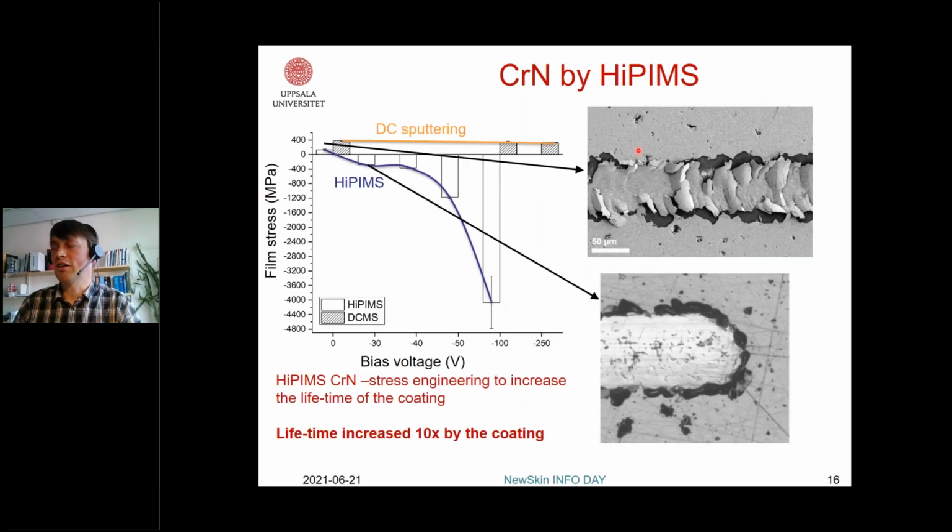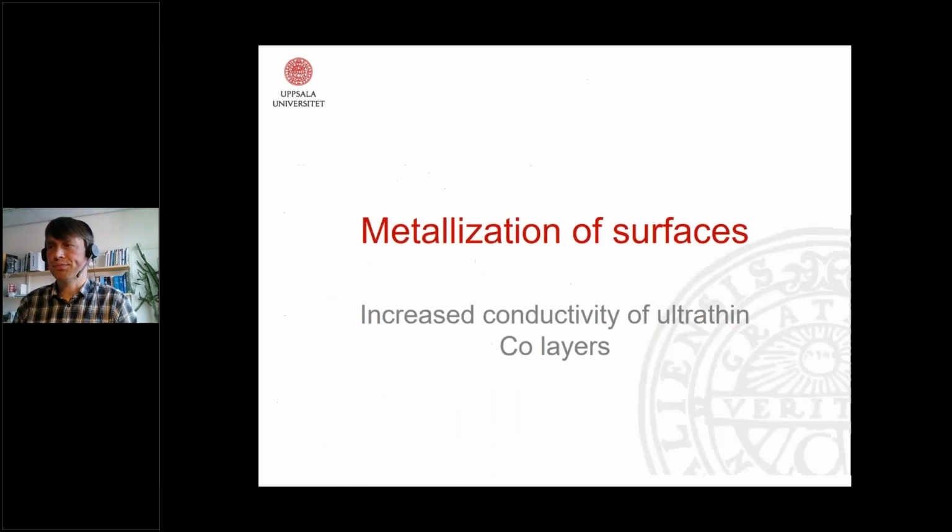Here you can see an example of fairly badly performing chromium nitride due to intrinsic stresses, and then we could improve this coating by using HiPIMS or ion assistance implemented in HiPIMS. I cannot really talk about the specific application, but the important part was that by replacing one surface with chromium nitride, the lifetime was increased quite a bit in this specific application.